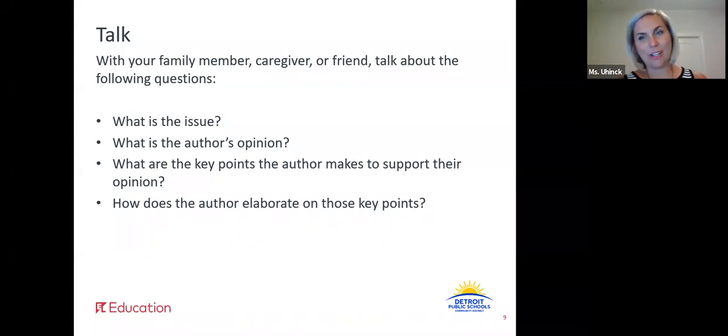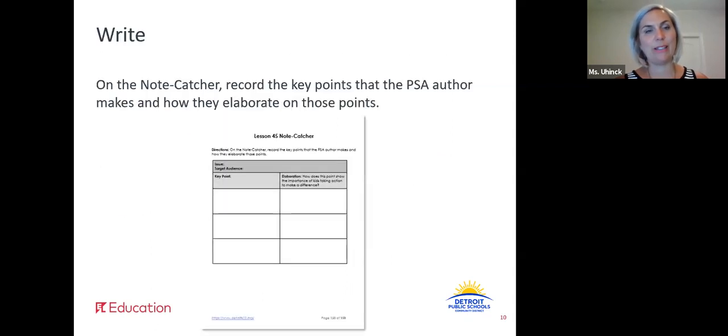All right, great. So we definitely know the author's opinion is that you should go out and help fight hunger, right? So I really want you to think about that when you're looking for these key points. All right, so on this note catcher, you're going to record the key points that the author makes and how they elaborate on those points. So if you look here to this note catcher, on this side is where you're going to capture those key points, and on the other side is where you're going to capture the elaboration.